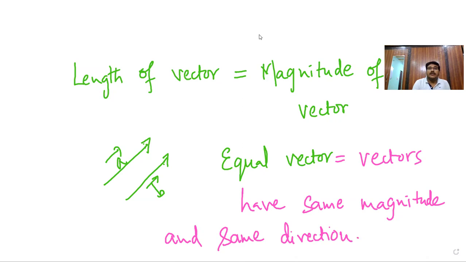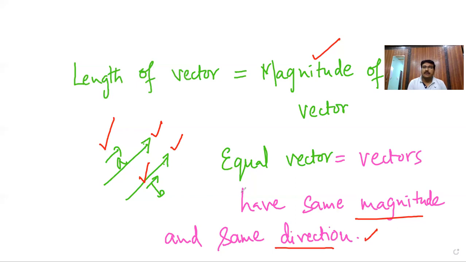Now the clarity here: the magnitude should be the same, and the direction should also be the same. So A bar has the same magnitude, B bar also has the same magnitude, both showing the same direction. And be careful, the length of the vector is equal to the magnitude of the vector.